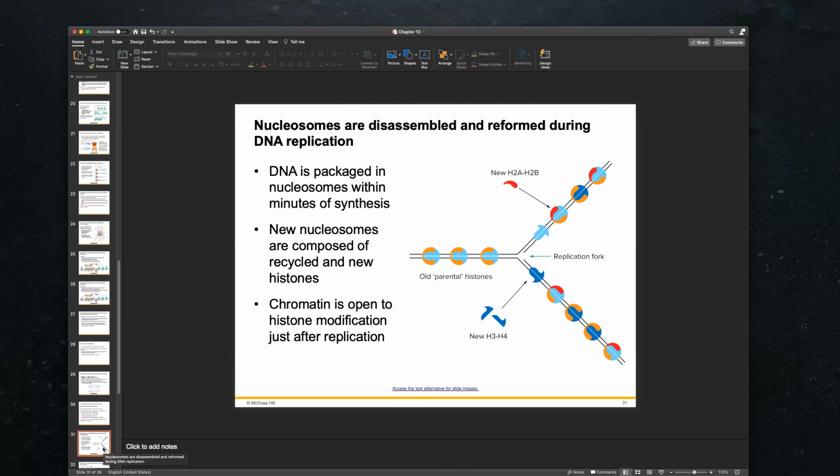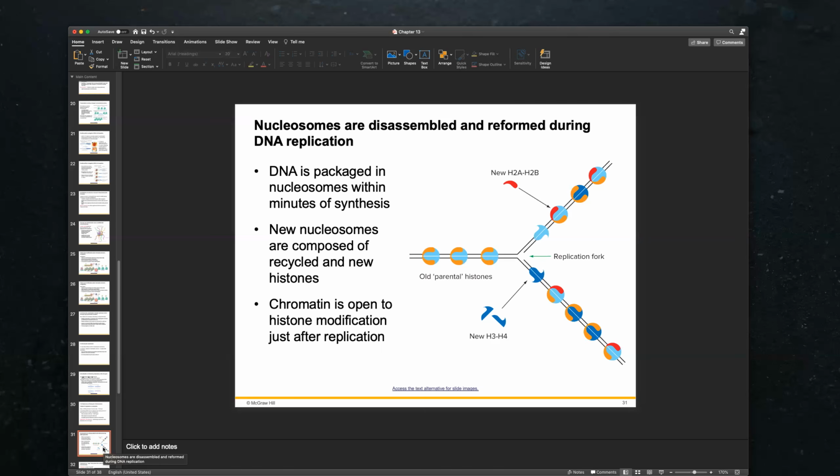New nucleosomes are composed of recycled and new histones, and chromatin is open to histone modification just after replication. So in that diagram, you have the old parental histones, which doesn't really mean they come from parents, and at the replication fork we have new H3 and H4 histones added to the mix, and new H2A and H2B histones up there.